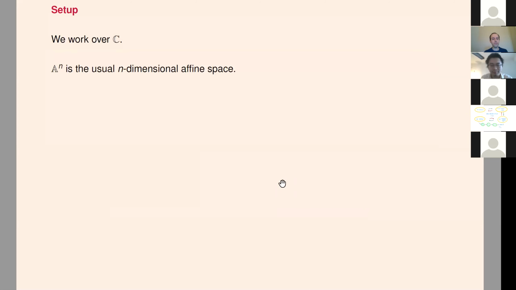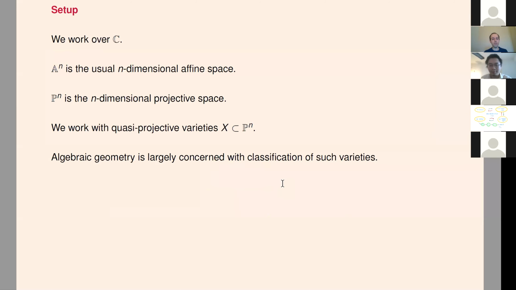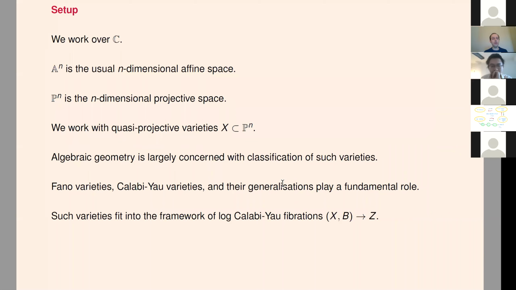Let me remind you of the setup. We will work over the complex numbers for simplicity. A^n will be the usual n-dimensional affine space. P^n is the n-dimensional projective space. We will be working with quasi-projective varieties.